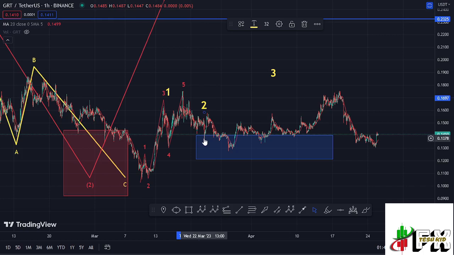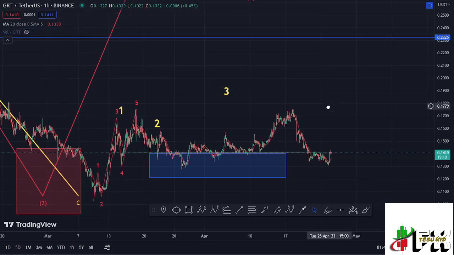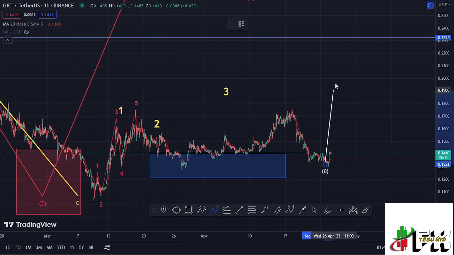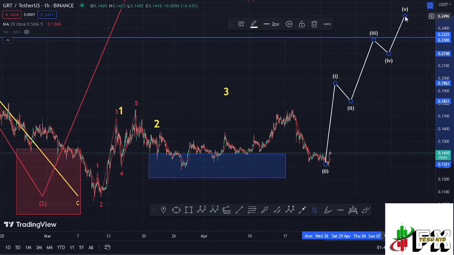And for the wave 3 to play out, there are key moves that we need to see here on the GRT chart. And the first one is an impulsive wave to the upside in a 5-wave structure in the formation of this wave 3. So that is the first move that I'm expecting over here, to see a 5-wave structure having the wave 5 fully maximizing our minimum target areas.